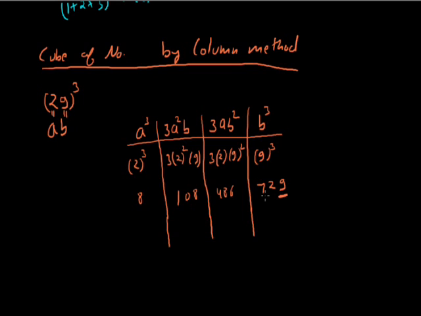That is 72 to the next column. Now here I am adding the 486 and the 72. So 6 plus 2 is 8. 8 plus 7 is 15. And 1 carry forward, that is 5.